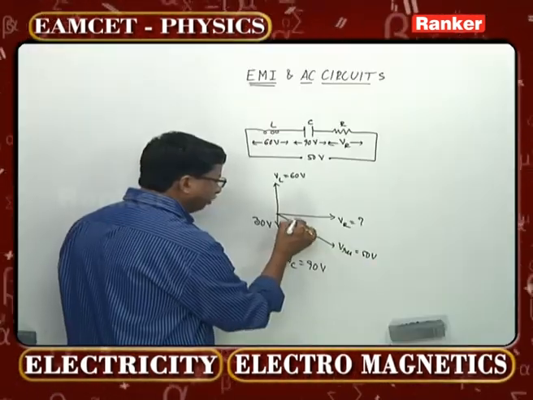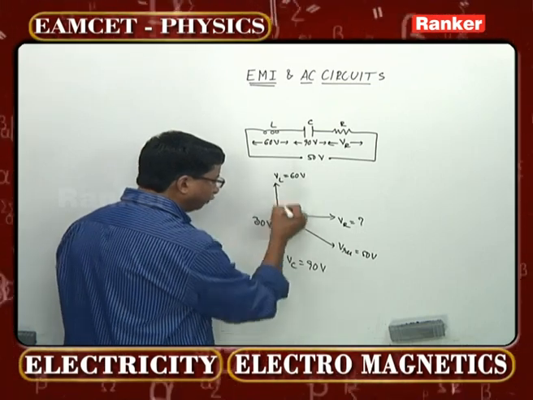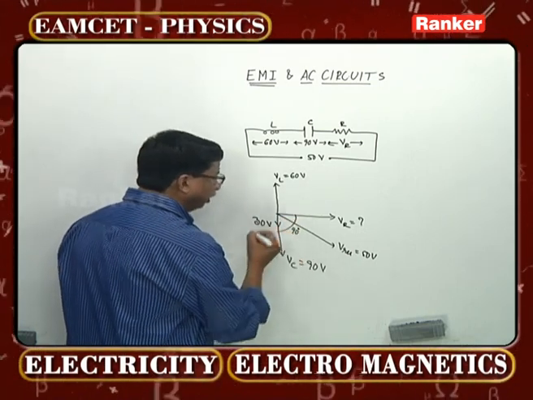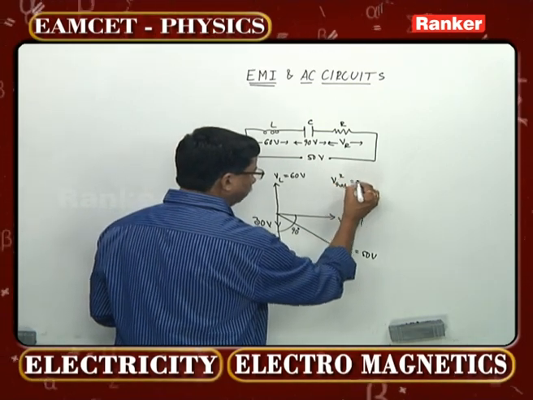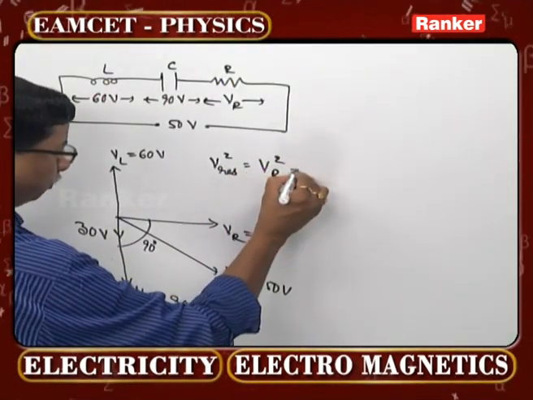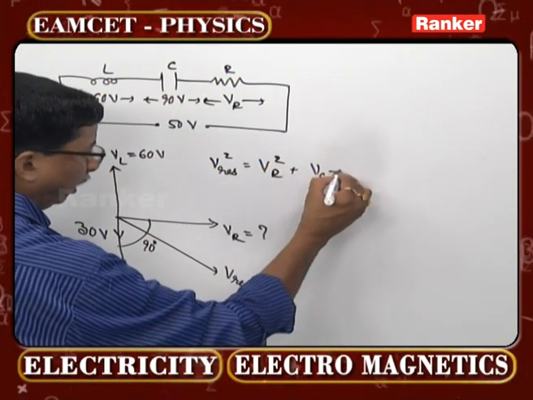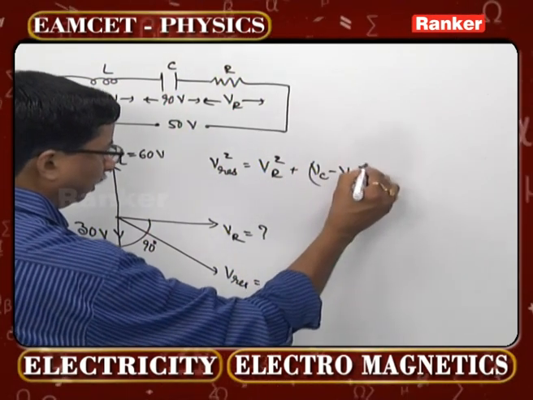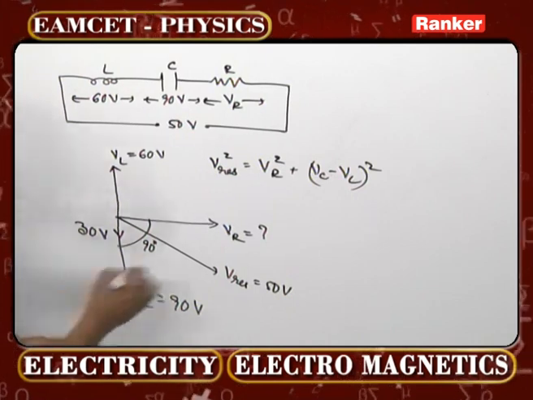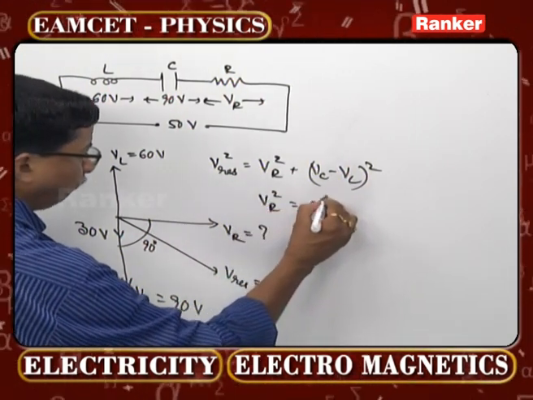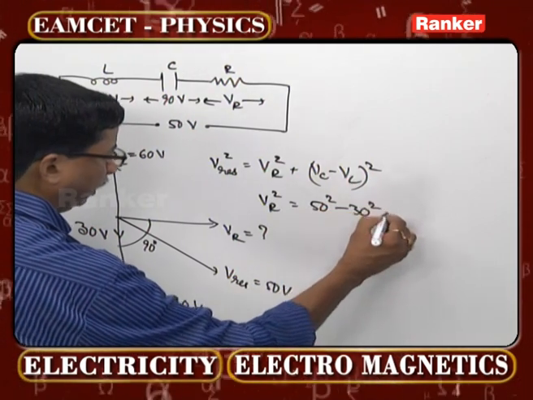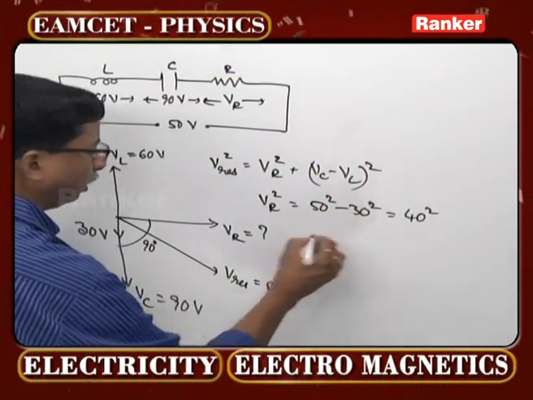You know very well that between VR and the resultant of these two the angle is 90 degrees. So V resultant square is equal to VR square plus (VC minus VL) whole square. That is the formula. So what will be the value of VR square? 50 square minus 30 square, which will be 40 square.